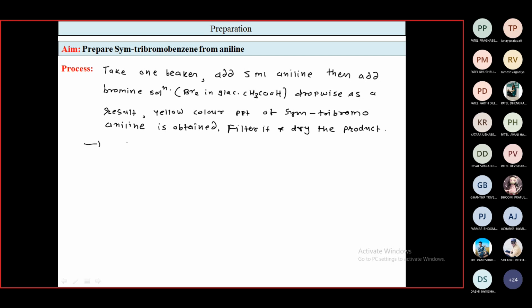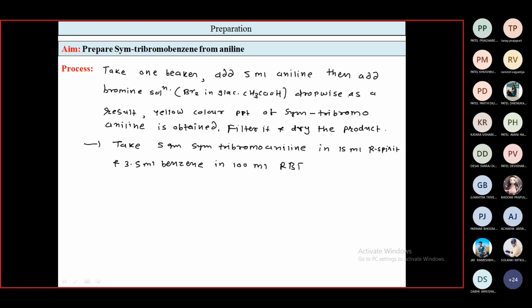After drying, the next step is to take 5 gram of symmetrical tribromoaniline in 15 ml R spirit and 3.5 ml benzene in a 100 ml round bottom flask.